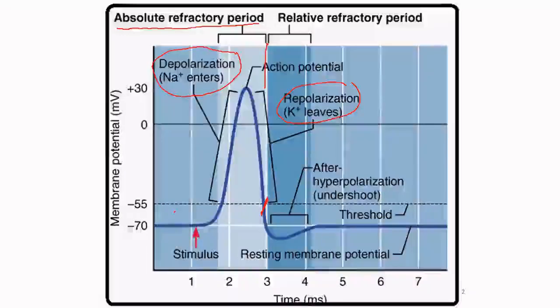So the combination of both the depolarization and the repolarization is nothing but the absolute refractory period. After that comes the recovery period, and this particular period we call hyperpolarization, otherwise called undershoot. This undershooting period is nothing but the relative refractory period.